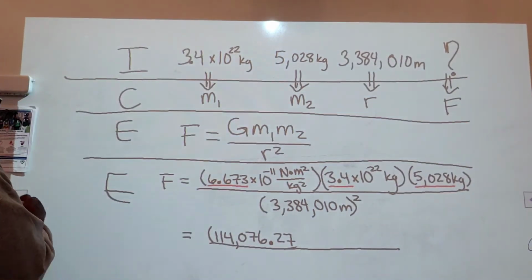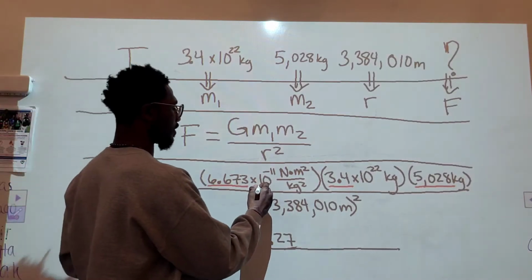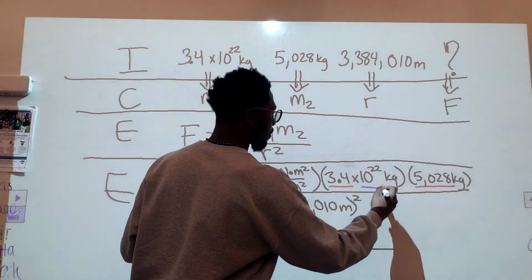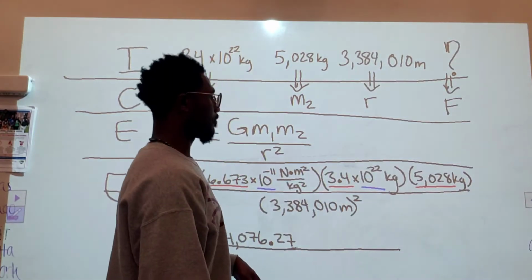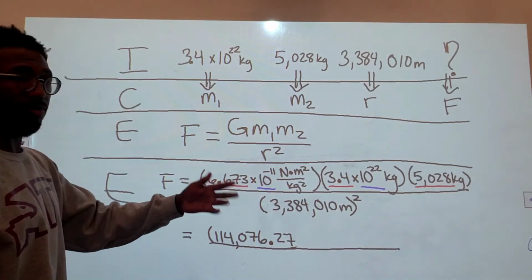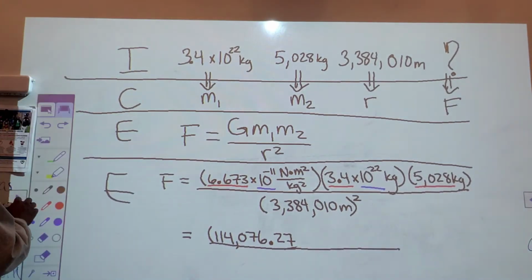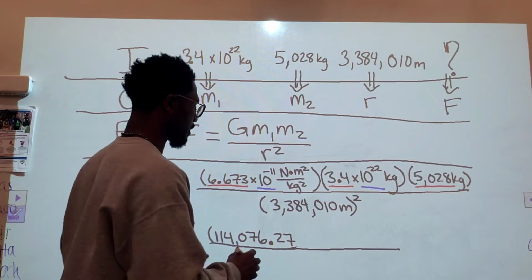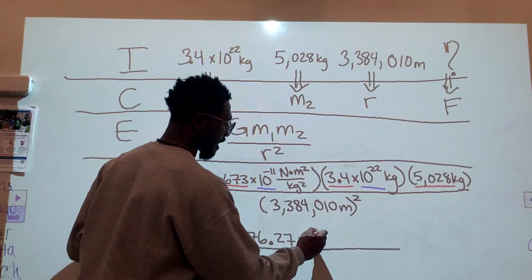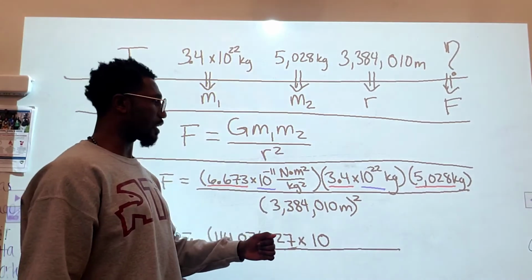Now we still have exponents that we have to deal with. We've got 10 to the negative 11, and we've got 10 to the 22nd. There's no exponent over here, that's fine, but if there was, then we would need to take that into account. What we're going to do here is add the exponents. I know I'm still going to have times 10, but I don't know what power to put the 10 to.